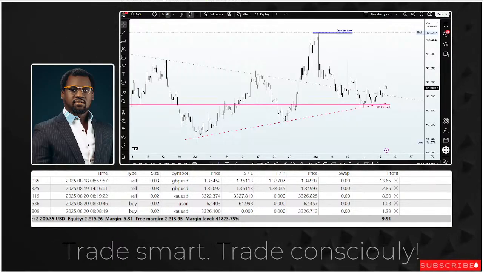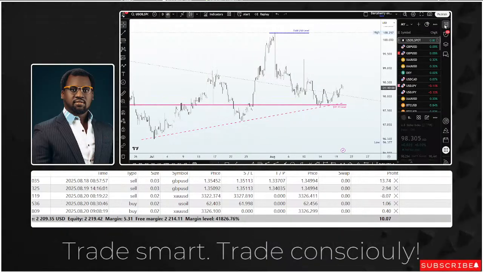So these are the things that are driving the sentiment in this particular market. And now let's go into the chart and see how this is influencing the US crude oil, the gold commodity, and of course the pound sterling.